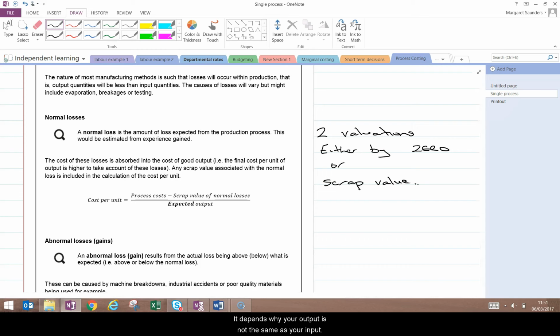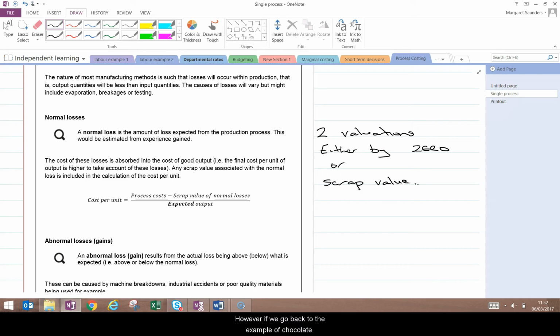So it depends why your output is not the same as your input. If we've input 1,000 kilos of material and the product that we've received at the end of the process weighs 950 kilos, so we've lost 50 kilos, if we've lost that 50 kilos due to taking it for testing for quality, then we can't sell that. If we've lost that 50 kilos due to the product evaporating, then we can't sell that. So those losses would be valued at 0.